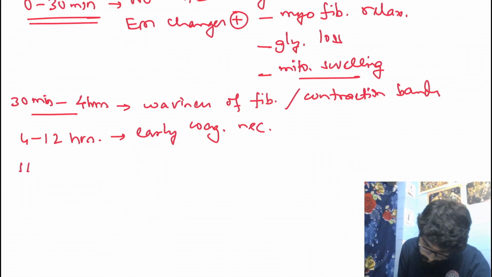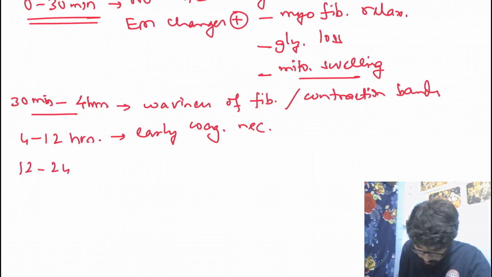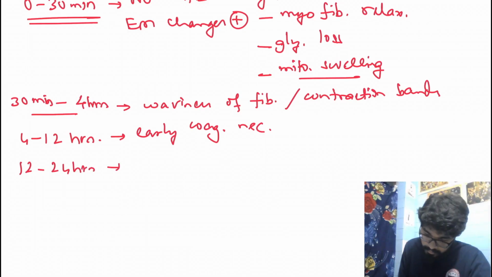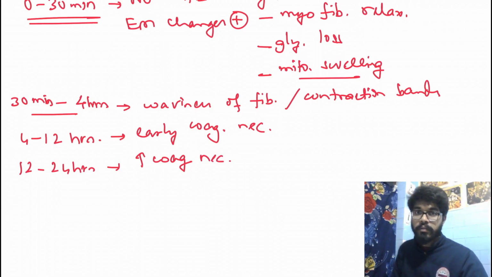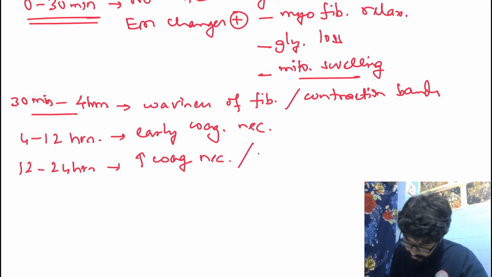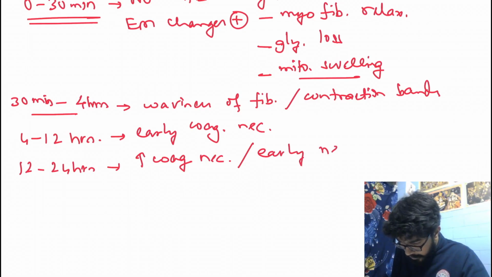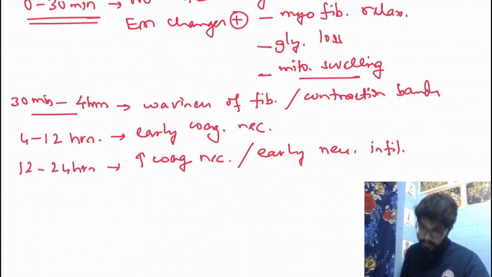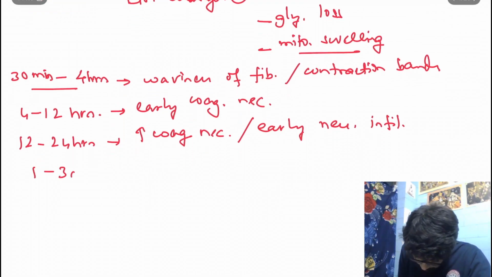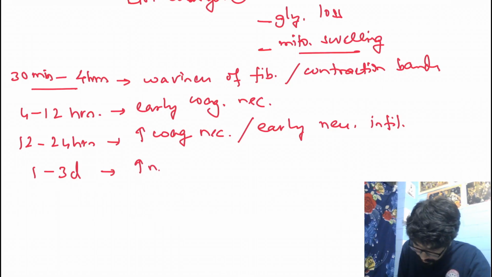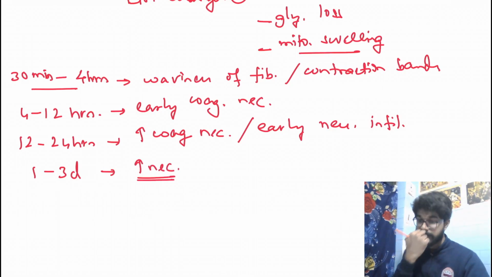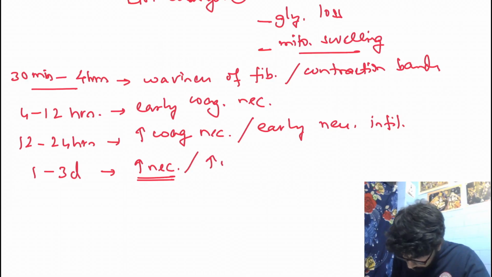Then from 12 to 24 hours, there is increase in coagulative necrosis and early neutrophilic infiltration starts. Now from day 1 to day 3, this necrosis increases to a peak, and the neutrophils also increase.